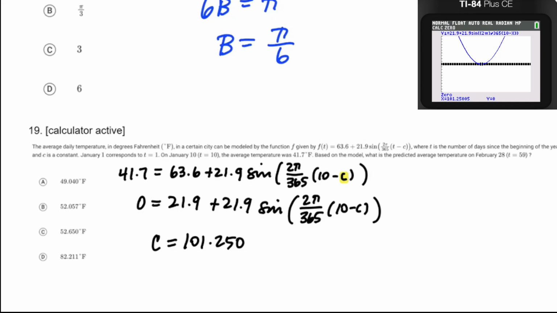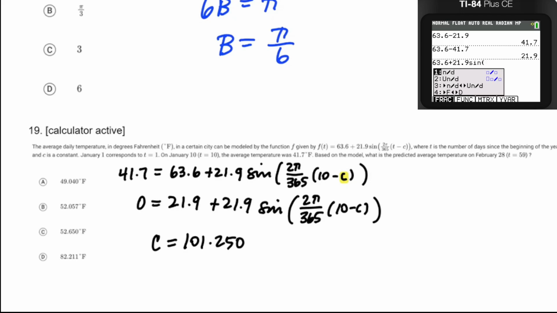Okay, great. Wonderful. Now I'm interested in actually the average temperature on February 28th, which is T equals 59. So I've got my formula. F of T is 63.6 plus 21.9 times the sine of 2 pi divided by 365.